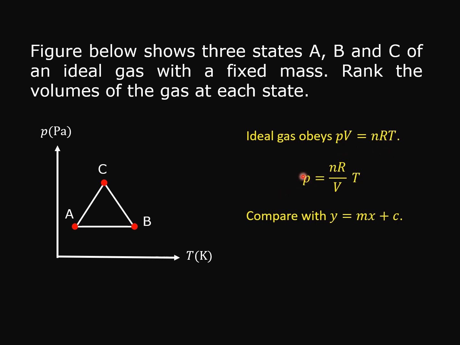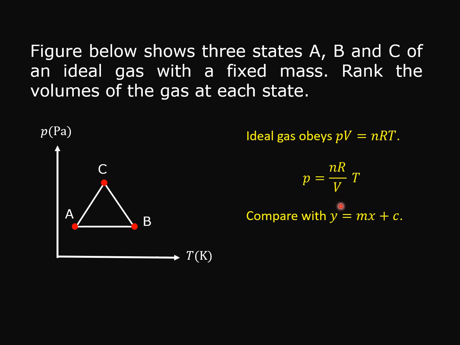Now, if we make P the subject, we get P = (nR/V) T. If we compare with y = mx + c, then we know that if we draw a line that passes through the origin of this P versus T graph, the gradient of the line will be equal to nR/V.